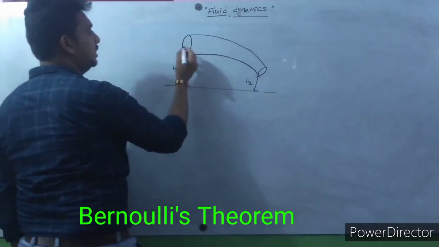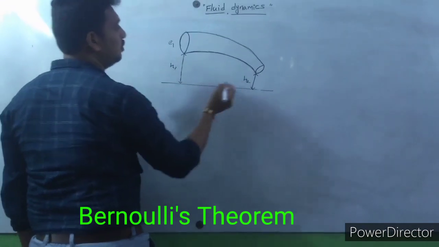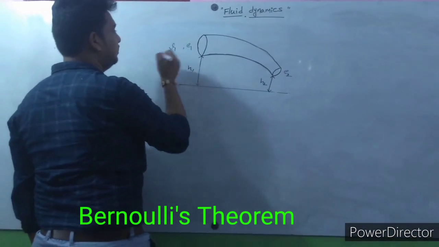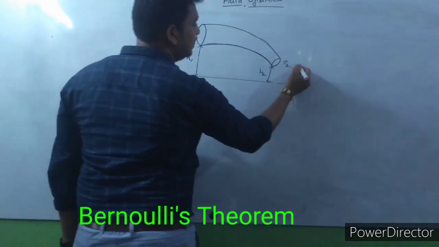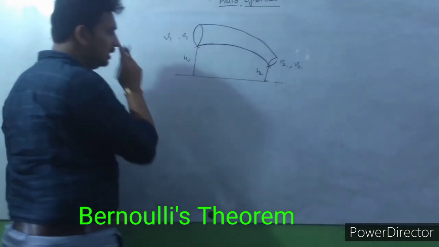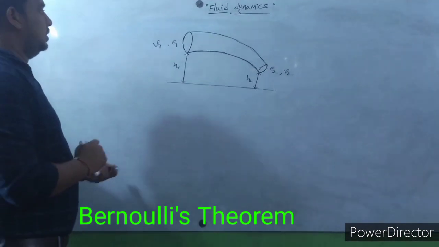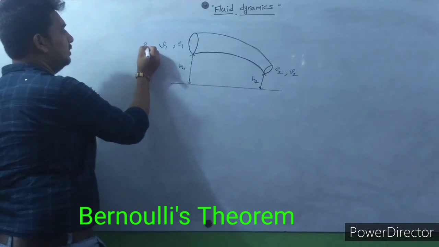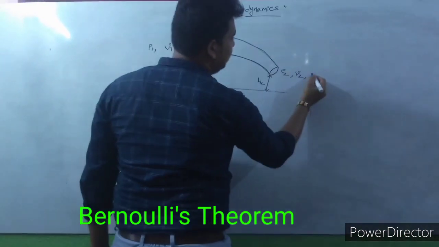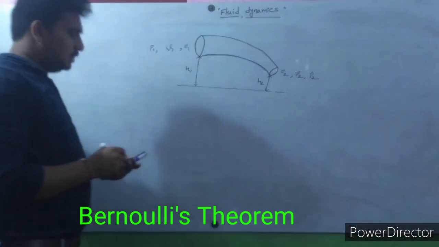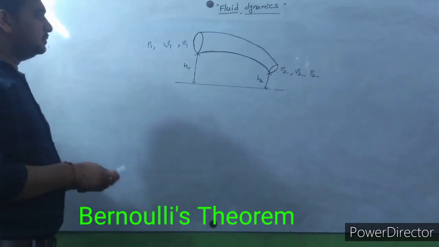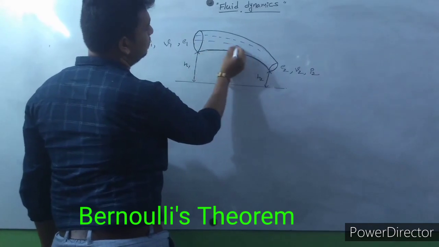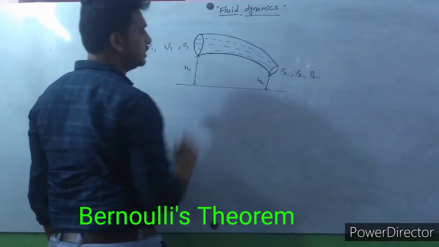The density is ρ1 here and ρ2 there, the velocity is v1 here and at this end the velocity is v2. The pressure is p1 and the pressure is p2. So how do we apply Bernoulli's theorem? Here the fluid flows like this.